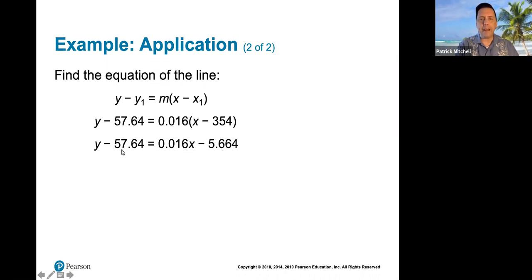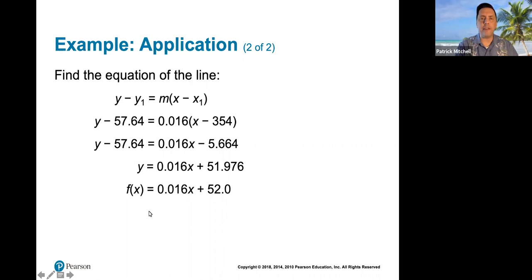And then when you add 57.64 to both sides, you get y equals 0.016x plus 51.976. So the function that gives you the average global temperature as a function of the concentration of carbon dioxide is f of x equals 0.016x plus 52.0. Remember, they said to round this one to 1 decimal place.